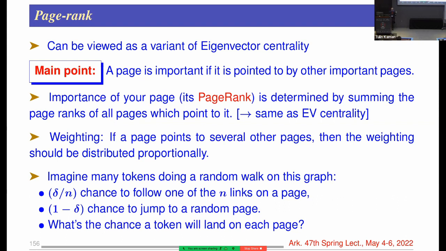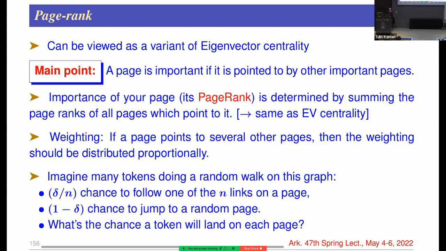If a page points to several other pages, then the weighting should be distributed. So you have some sort of probability within. If you think of a row as representing your neighbors, you distribute the probability equally. So you divide by 1 over the number of edges.